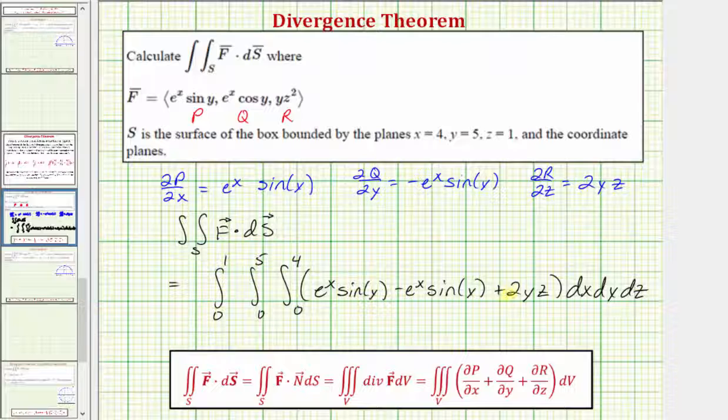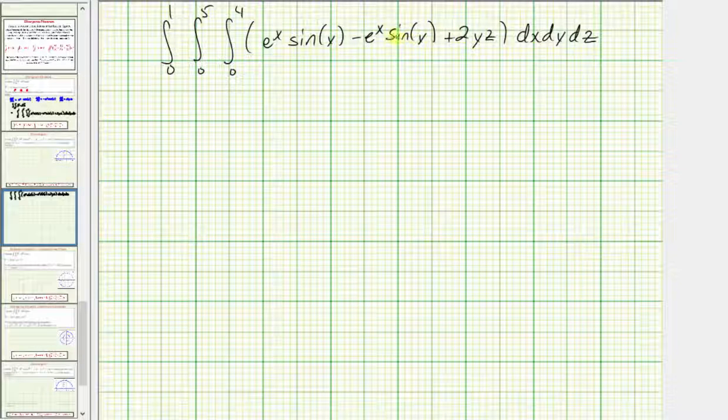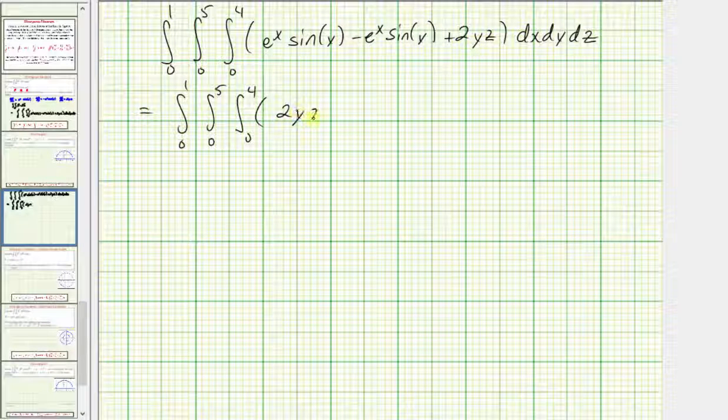Let's go ahead and evaluate this on the next slide. We'll notice how this difference will be 0, so this simplifies to the triple integral of just 2yz. Again, we have dx, dy, dz. So we first integrate with respect to x, treating y and z as constants.